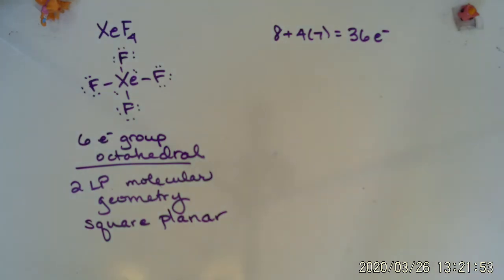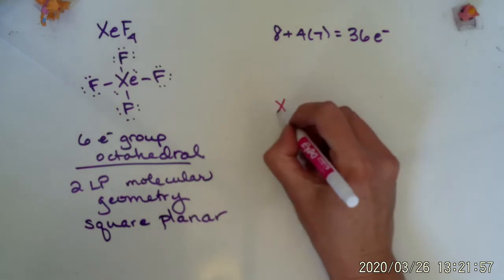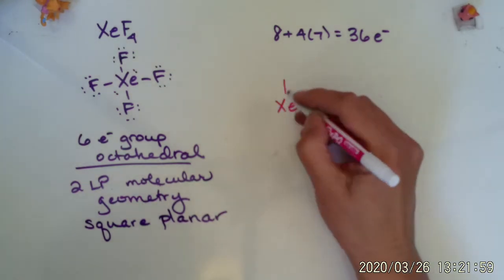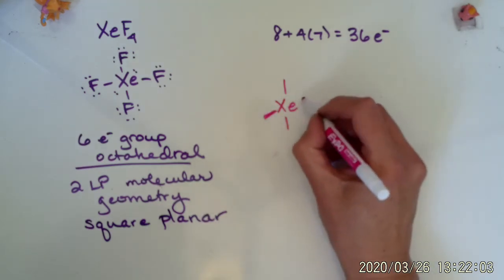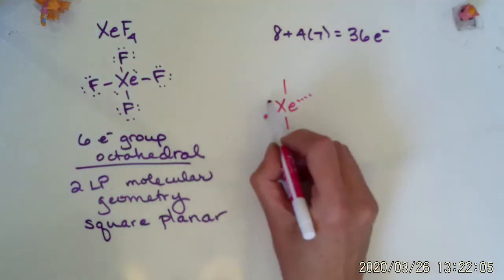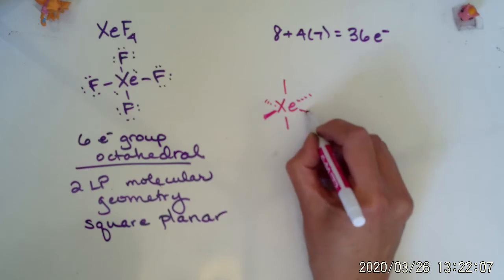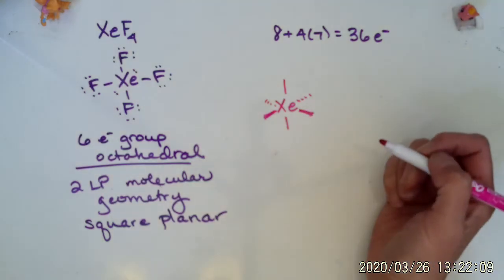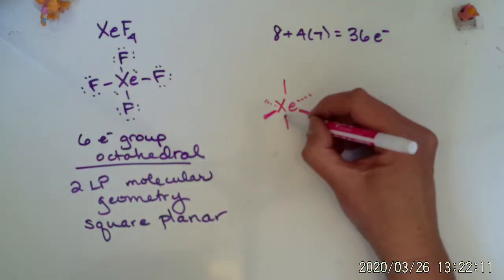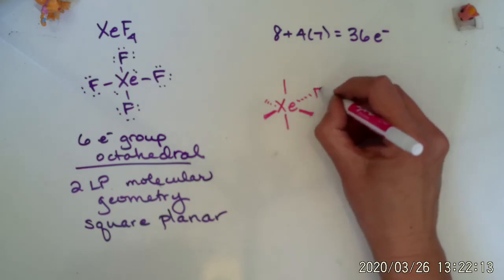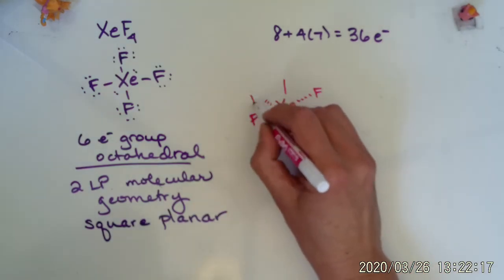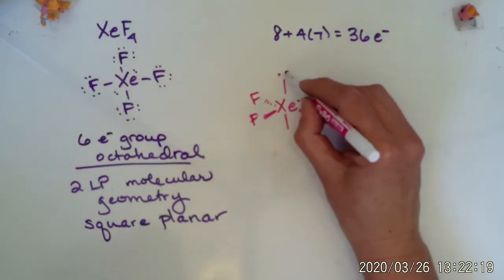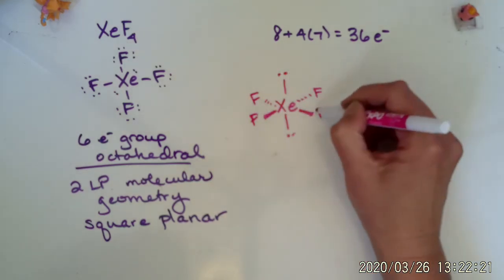So octahedral has your xenon in the center. I have 1, 2, 3, 4, 5, 6. Okay? Now, put in your fluorines. And there are 2 options. You have your lone pair here, lone pair there.